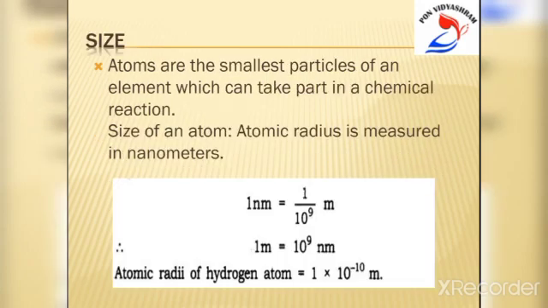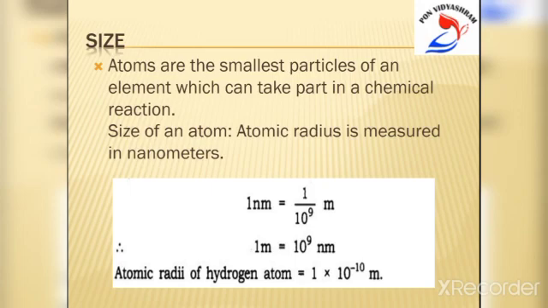Atoms are very small in size. The size of an atom is indicated by its radius, which is called atomic radius, that is radius of atom.